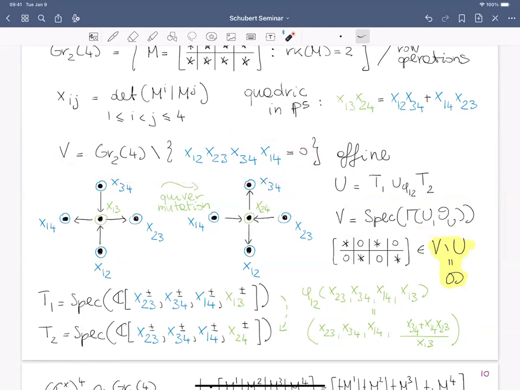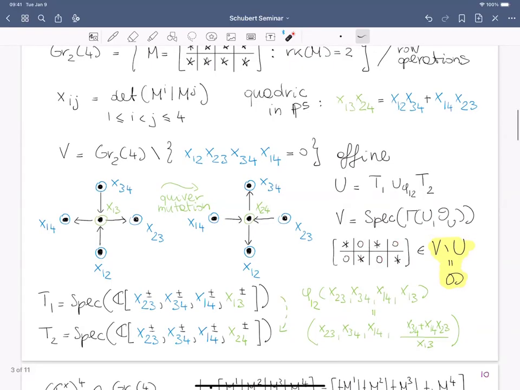And to convince you that this is strictly larger, I wrote here a class of matrices that in fact belongs to the complement B minus U. So if you take a matrix that has some non-zero entries at the stars and zeros like this here, then 1,2 will be a non-zero Plucker coordinate, 2,3 will be a non-zero Plucker coordinate, 3,4 will be a non-zero Plucker coordinate, 1,4 as well.